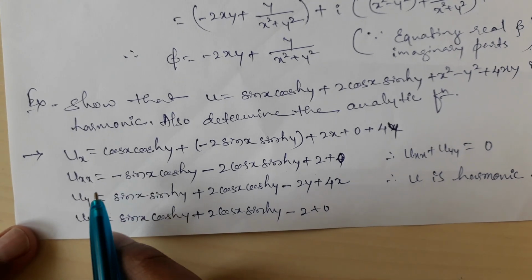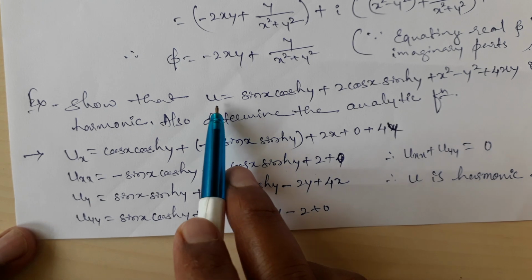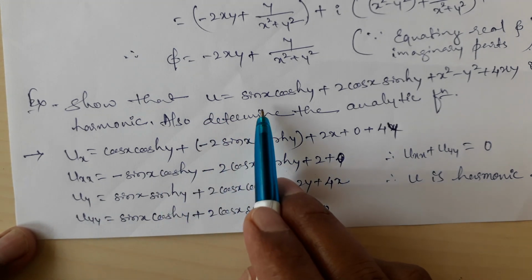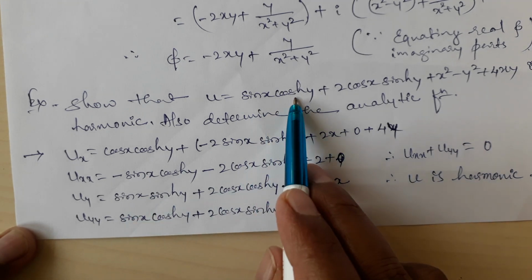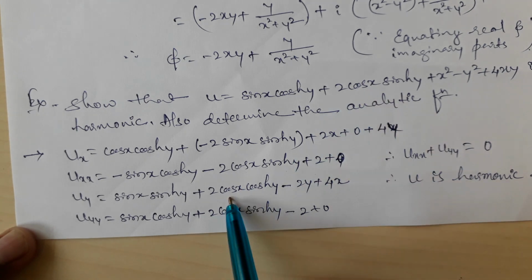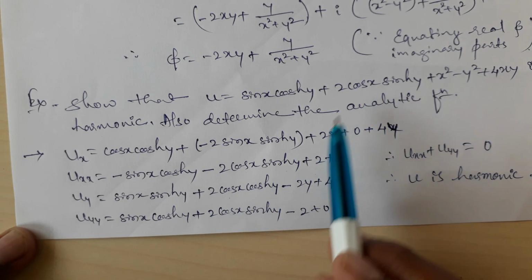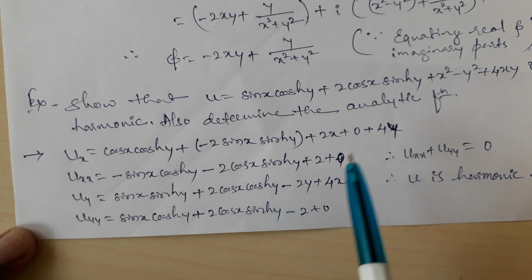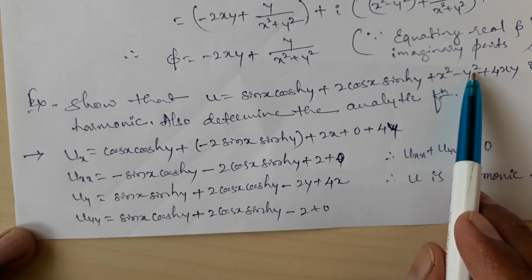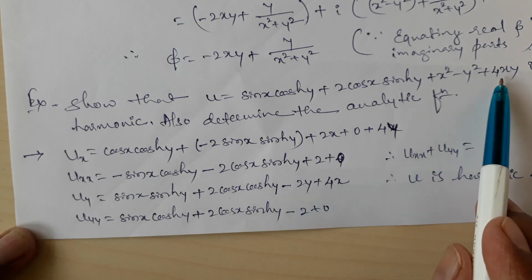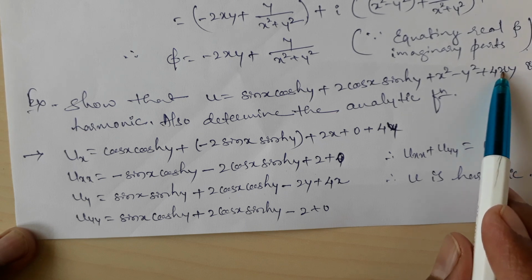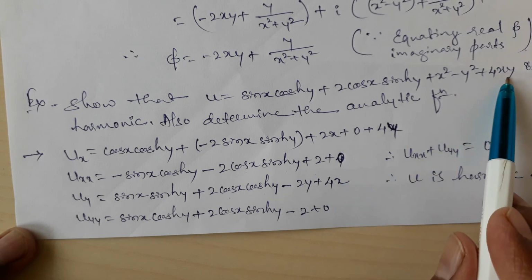Now we need to find u partially with respect to y. Now uy is sin x and differentiation of cos hyperbolic y is sin hyperbolic y, plus 2 cos x as it is, differentiation of sin hyperbolic y is cos hyperbolic y, minus we are differentiating partially with respect to y, therefore the x term is a constant, hence y square is 2y, plus 4xy, but the y term, treating the x term as constant, 4x and the y term is 1.